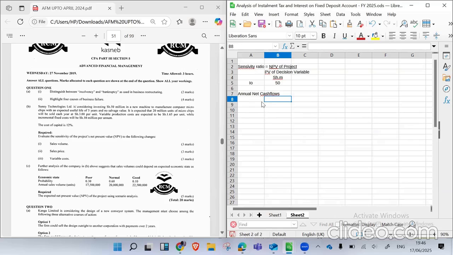For annual net cash flows, you can have the year, and we know it is year 1 to 5. The figures are in millions of shillings.